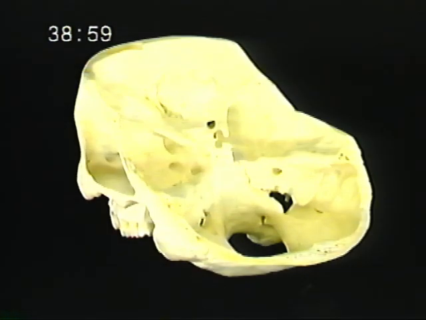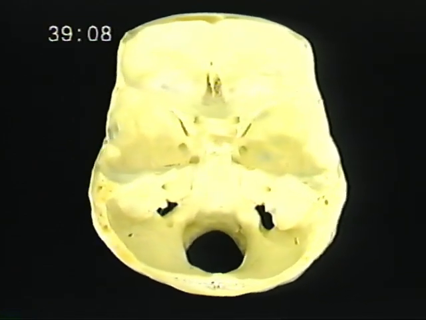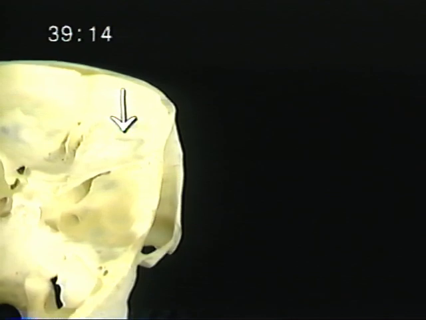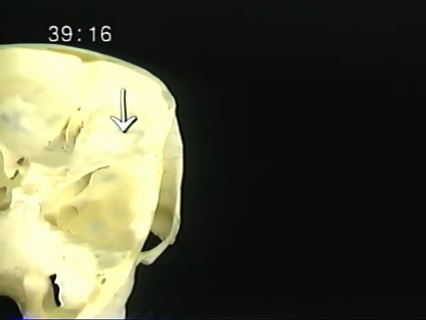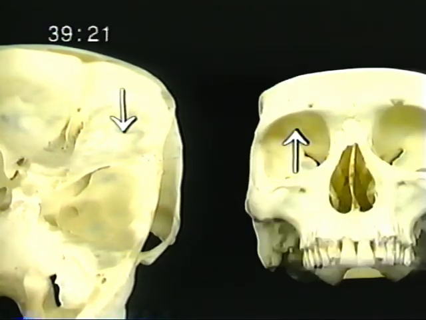We saw the posterior cranial fossa in the previous section. In this section, we'll look at the main features of the anterior and middle cranial fossae. The bone that forms this upward bulge in the floor of the anterior fossa is the same bone that forms the roof of the orbit.